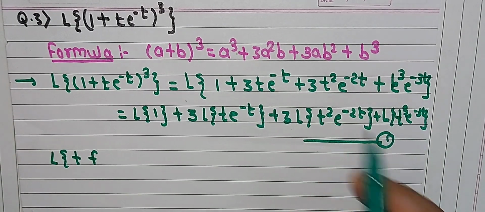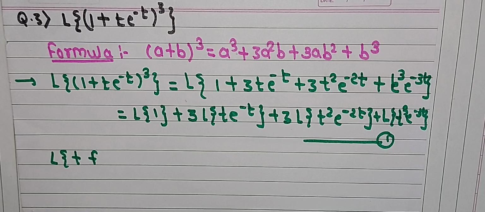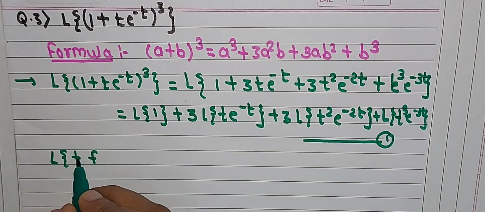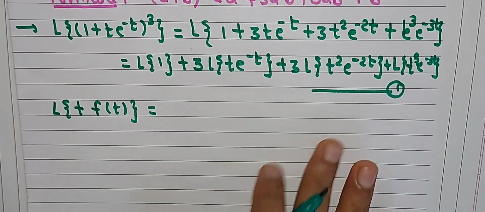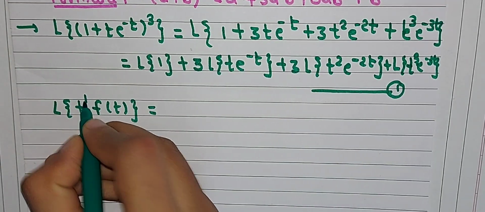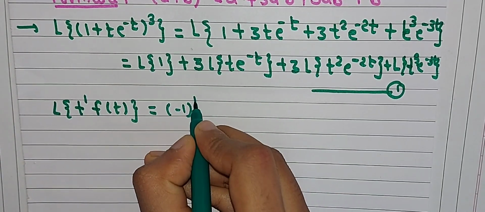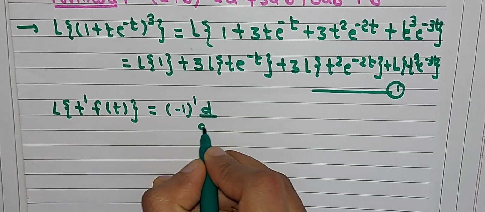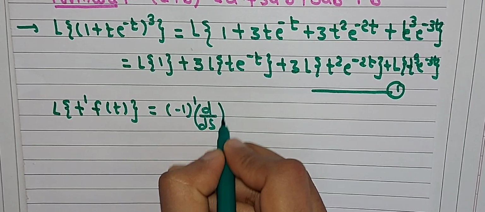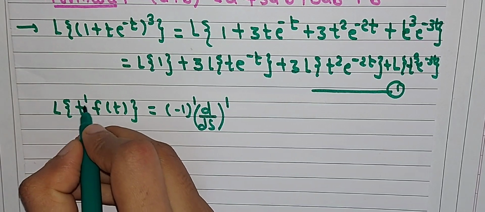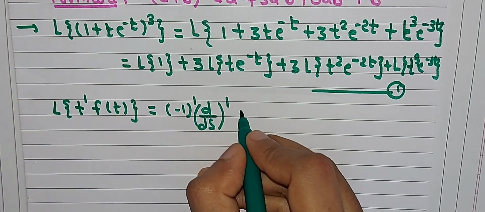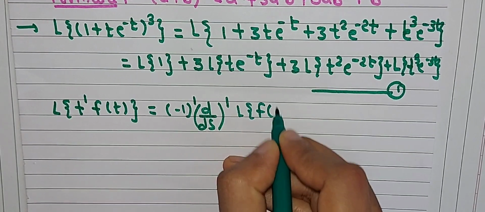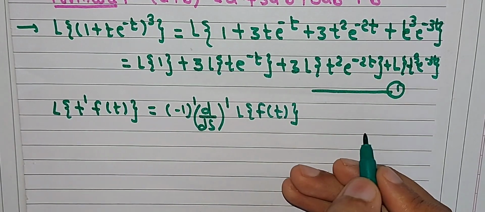So for that purpose firstly we can write its formula, that is whenever we take Laplace of t into f of t, then it can also be written as like this, that is here t has a power 1, then write this minus 1 raised to 1 as it is, into d by ds of it has a power 1, because t contains power 1, and apply Laplace on f of t, that is L of f(t), and it will be in variable s.